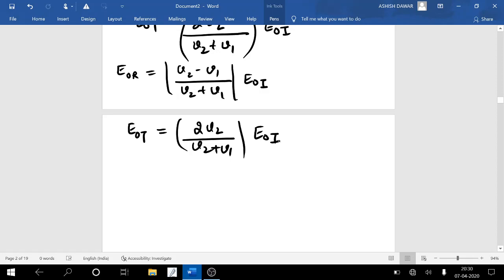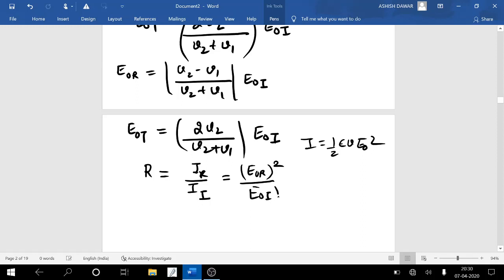So the ratio of the reflected intensity to the incident intensity is represented by R, that is IR upon II, and I is equal to half epsilon V E naught square. So it becomes E0R square upon E0I square. So we can put the value of velocities in terms of refractive indices.